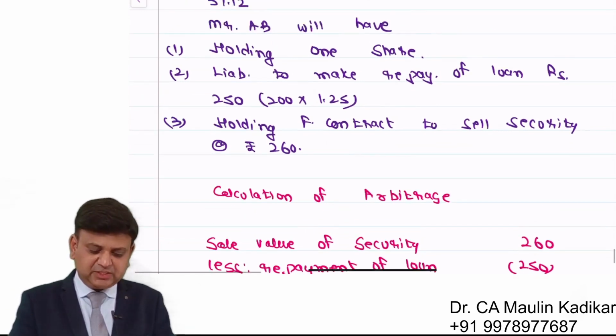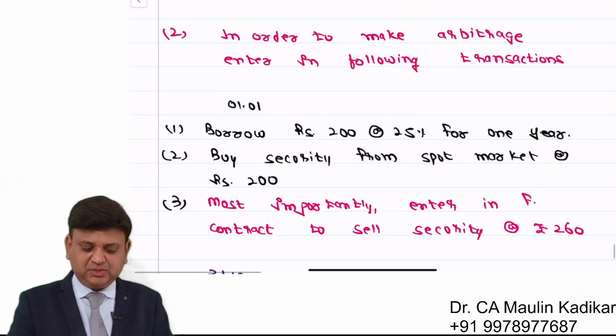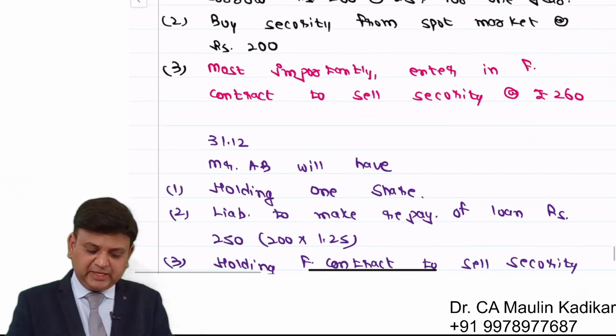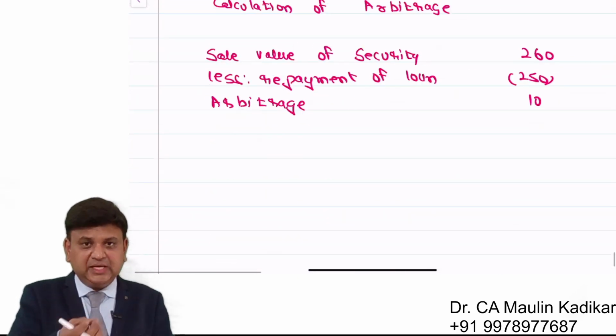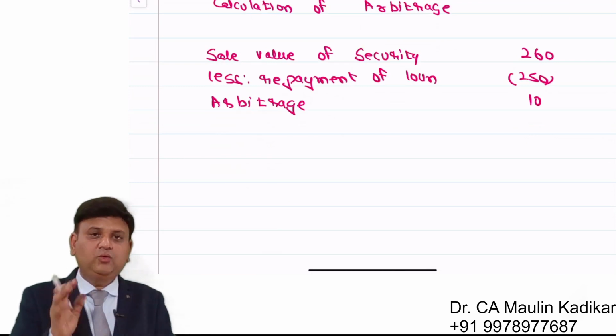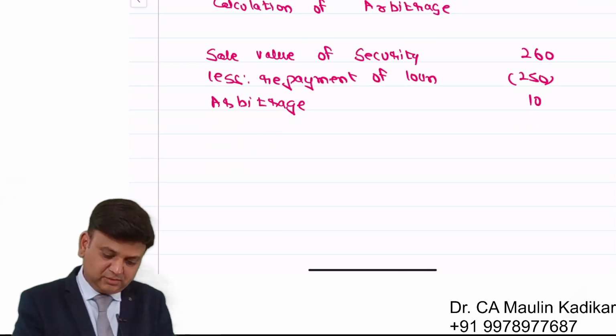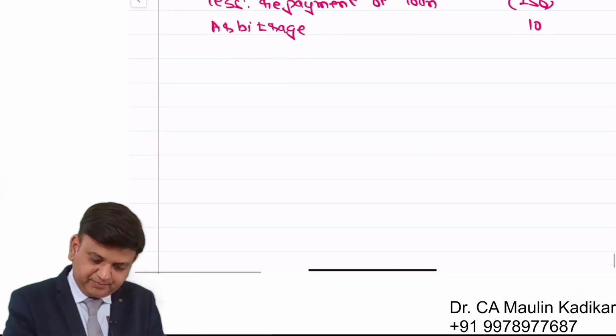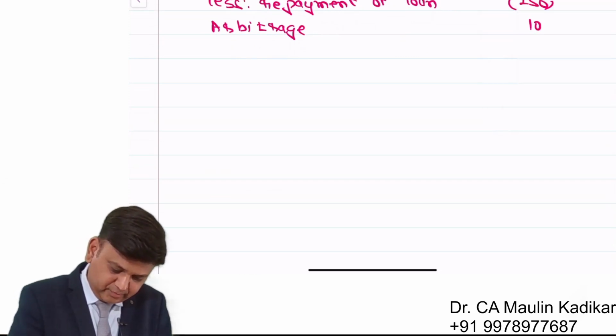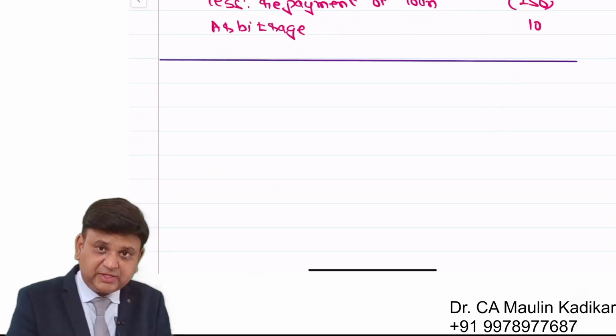Friends, from the examination point of view, we just have to write this much. We don't have to write anything more. I am dictating a further few points to you only for understanding purpose. So this is only for understanding purpose.